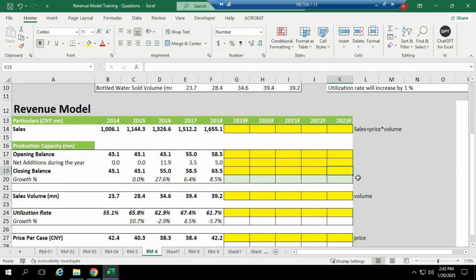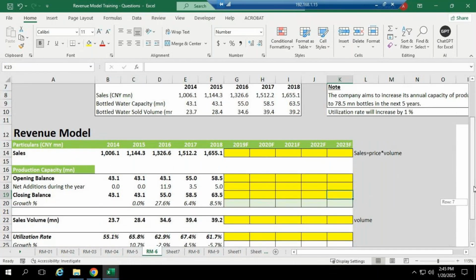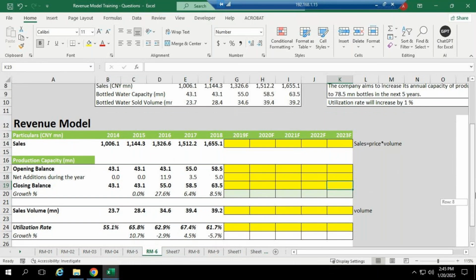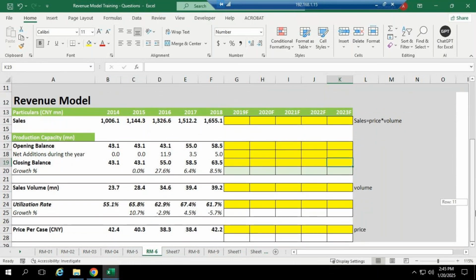The last year closing balance will be our this year opening balance.